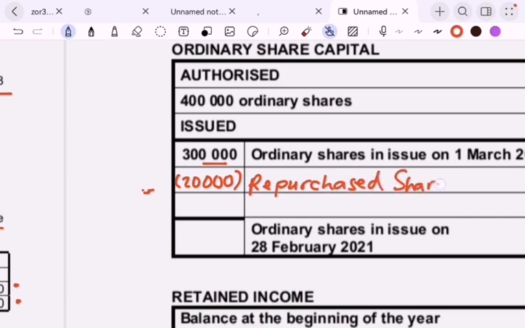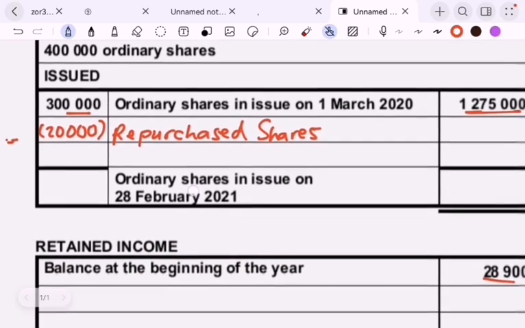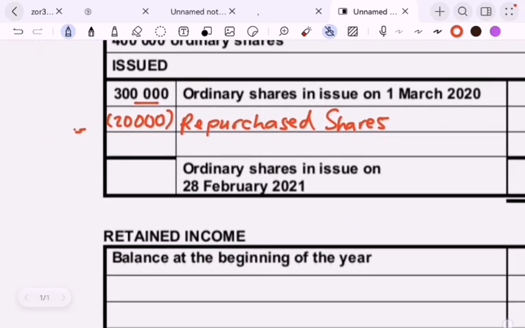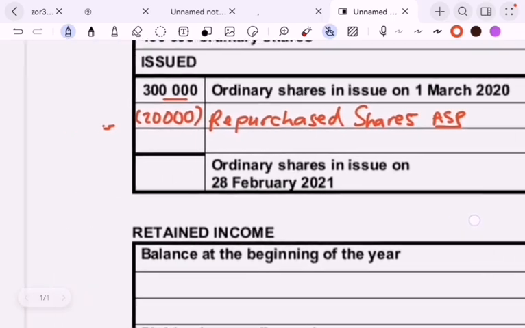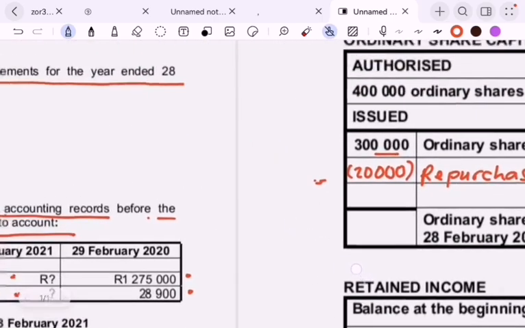shares. The one thing that is missing here is what we call our ASP, average share price. So how do we usually find our ASP? Simple. ASP is equal to your amount divided by your number of shares.